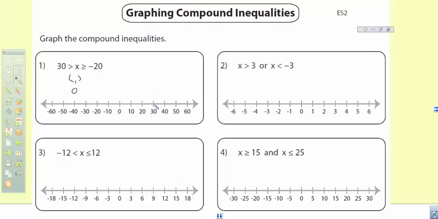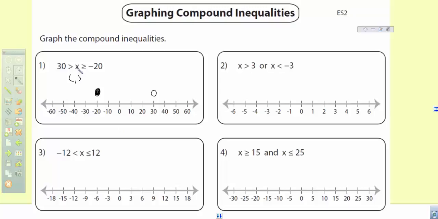So we're going to go to 30. I'm going to start off with an open circle on this first one for explanation purposes. Then we go to negative 20, but this time it's a closed dot because it's greater than or equal to. So I close that one in.